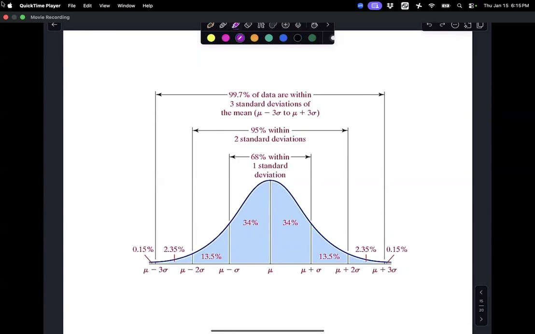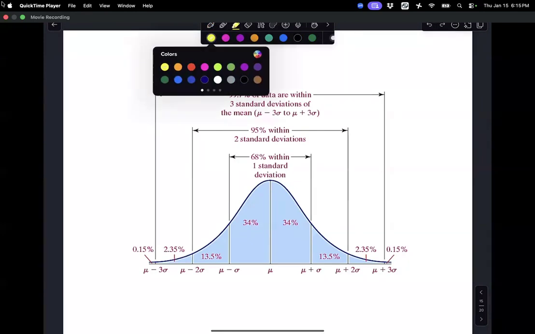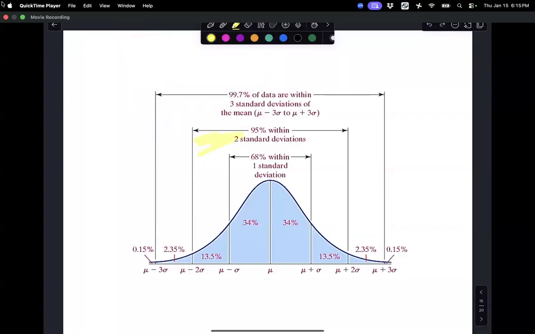I like highlighters. Highlighters can be pretty. In here, these are all where your usual data lies. Anything outside of that 95% is considered an outlier. So in here, this is not unusual.